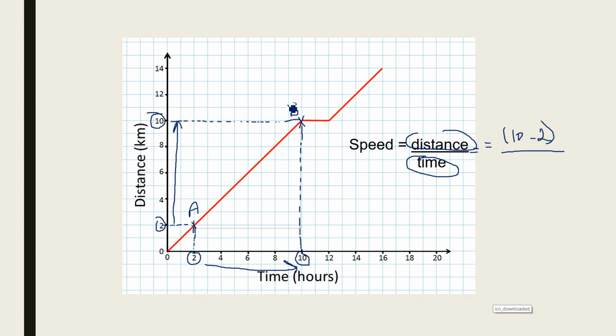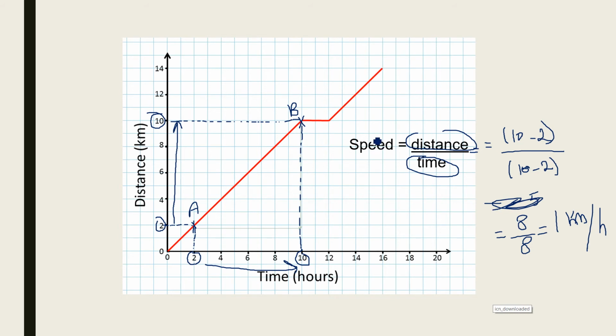It is from 2 to 10, so you can just say also 10 minus 2, which is 8. So it's 8 over 8, and it will be 1 kilometer, because the unit of distance is kilometer and the unit of time here is hour, so 1 kilometer per hour.